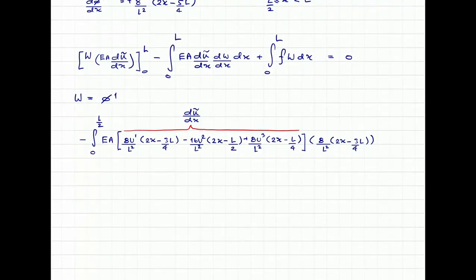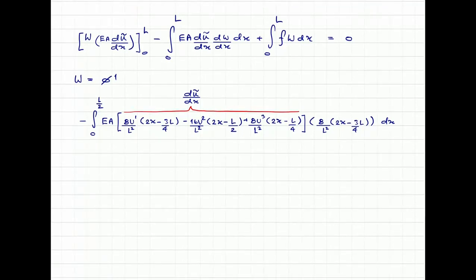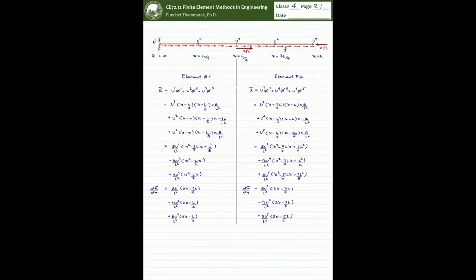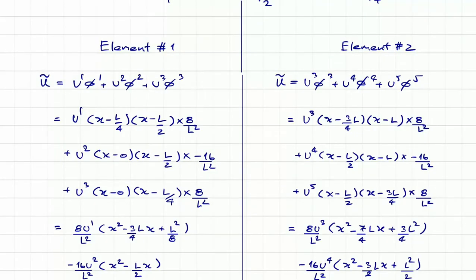What next? dx. Plus integration from 0 to L over 2 like before. We consider only the domain. Then F multiplied by W. The W is this one.